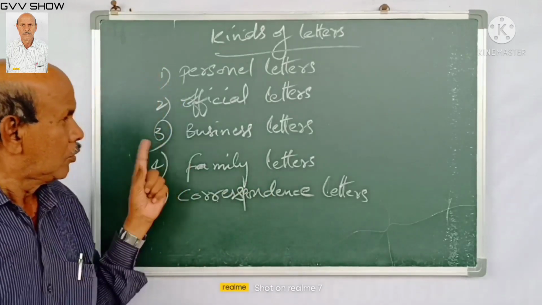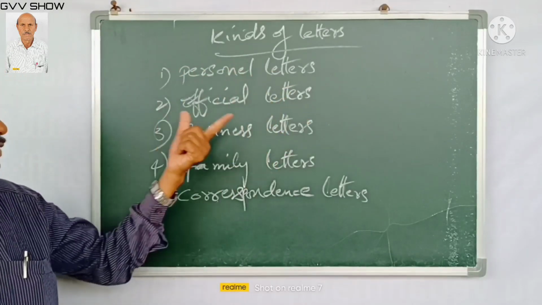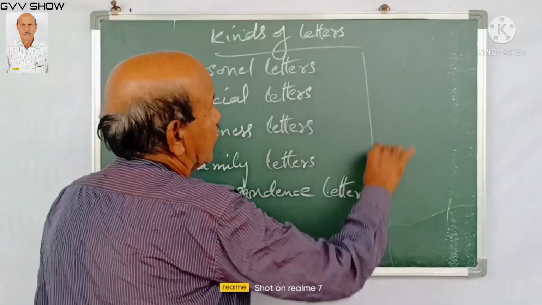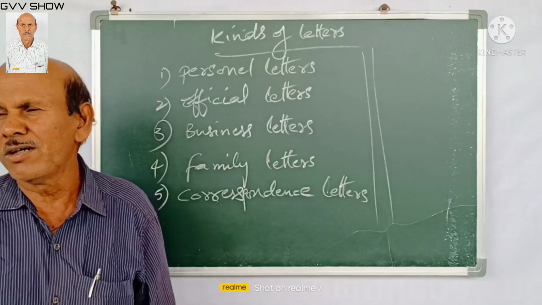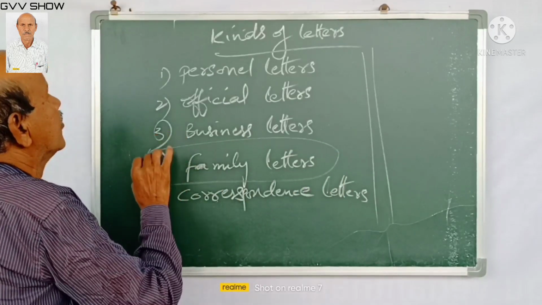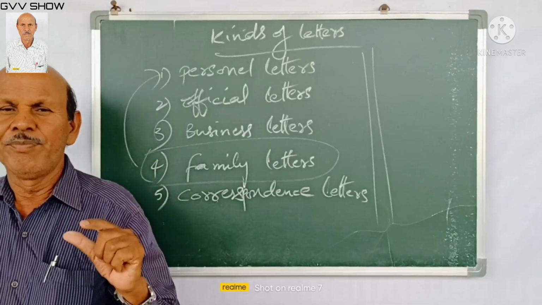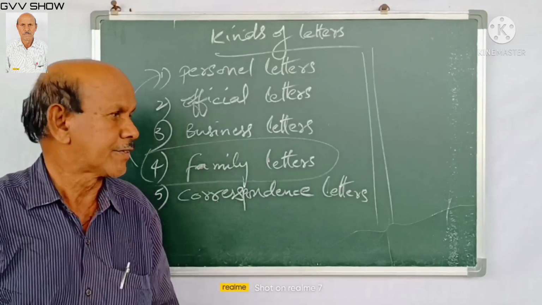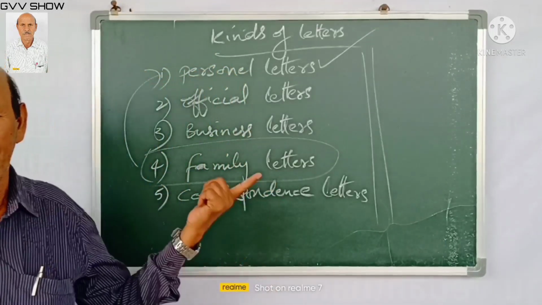So I mainly discussed personal letters, official letters, business letters, family letters, and correspondence. I think only four kinds of letters are mainly important, because family letters come under personal letters. So you always say there are mainly four kinds of letters. Personal letters: what comes in personal?